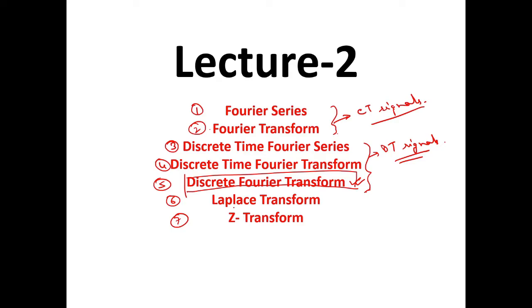Then next is Laplace transform. It is mainly used for the development of systems, and to a certain extent analysis of signals also. And lastly, Z transform. It is basically used for developing digital systems.